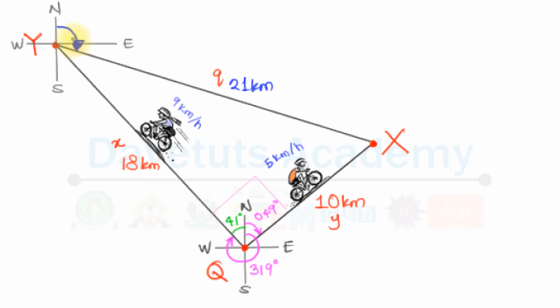This is the bearing of X from Y. That particular angle, let me just call it theta. Then we need to look at how we get that angle theta. From what we have done before, we got this angle at Q to be 41, but we can observe that this is going to be alternate to this angle at Y, but to the south of it.